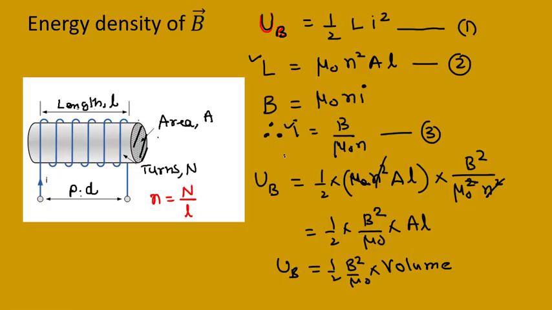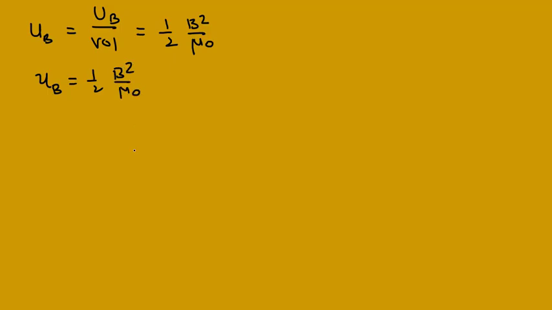And therefore, UB, the energy density, which is UB by volume, would be equal to half B squared by mu naught. So I'll write again, UB is equal to half B squared by mu naught. And as we discussed for the electric field, the value of this energy density will keep on changing because B changes according to the equation sine of kx minus omega t.